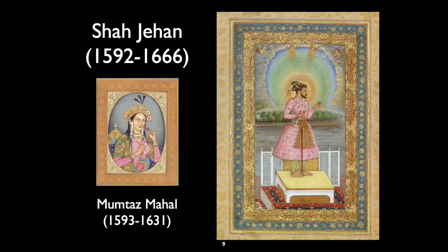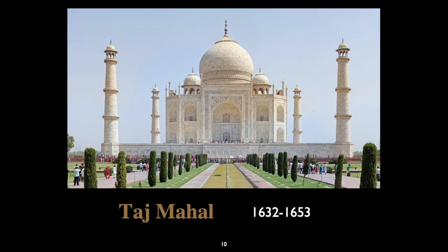Mumtaz Mahal was a close confidant and a woman who was a powerful force at court. She was said to have traveled to the battlefield with Shah Jahan and kept him in constant company. To build this amazing mausoleum, Shah Jahan spent 20 years planning, building, using only the finest materials.